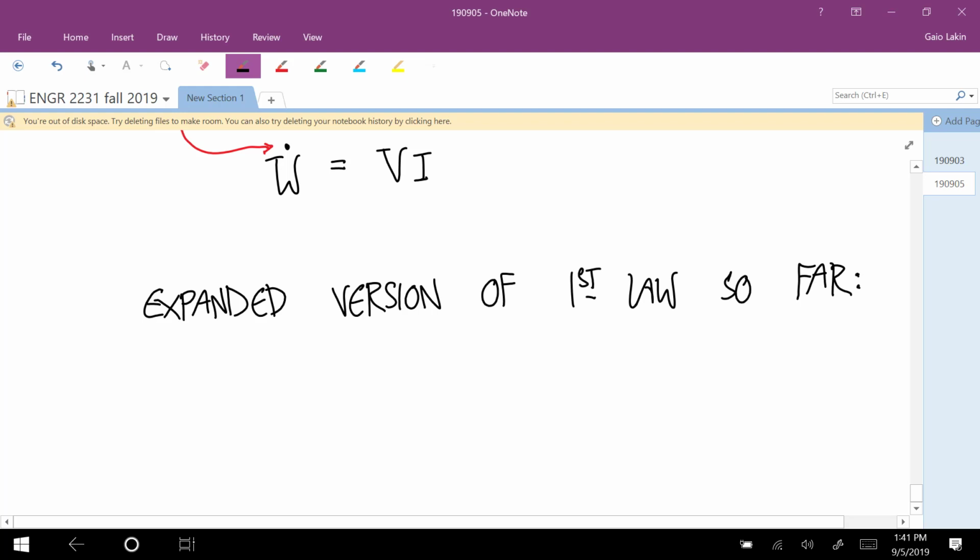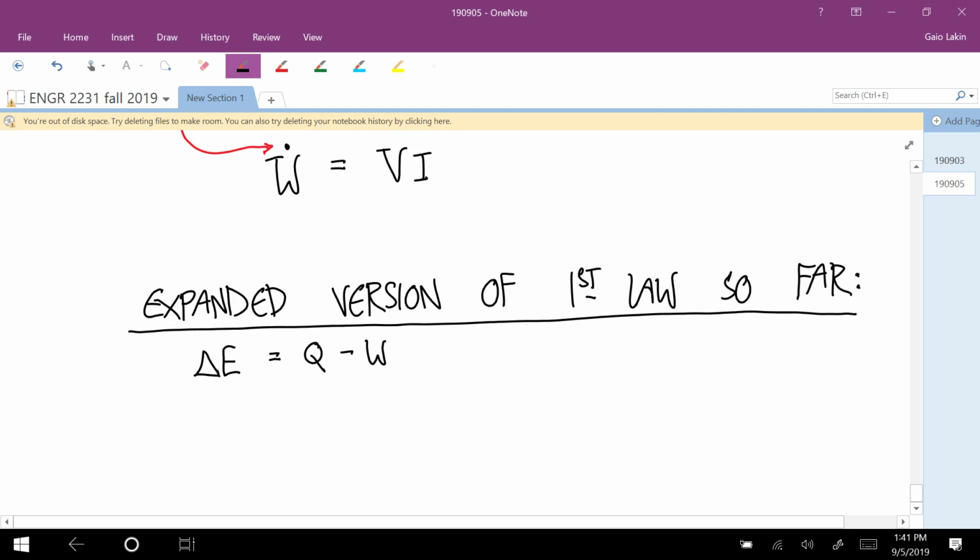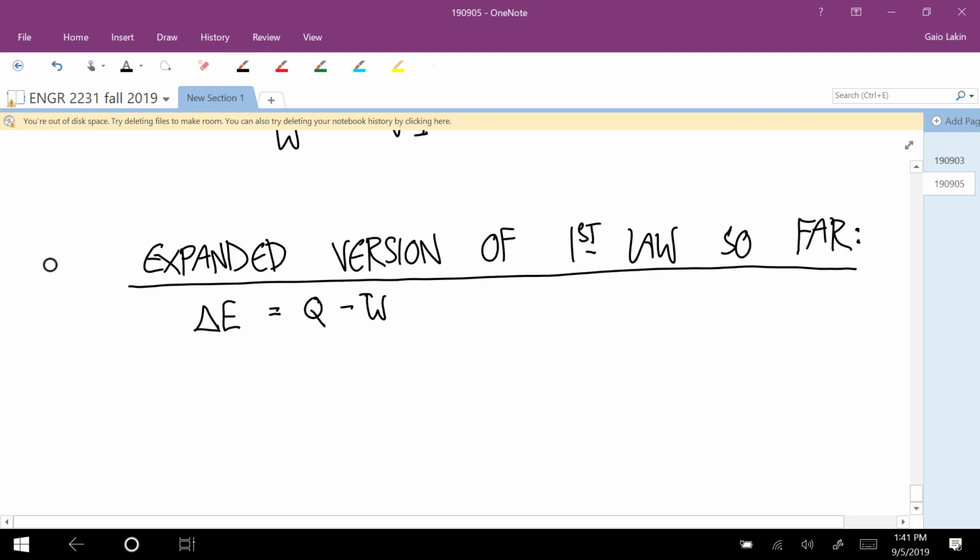Well, the simple version, I'll start with that. The change in energy is equal to Q minus W. But the change in energy is the change in kinetic plus the change in potential plus the change in internal. So let's first make those substitutions.